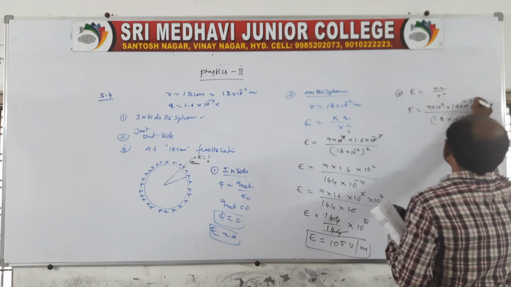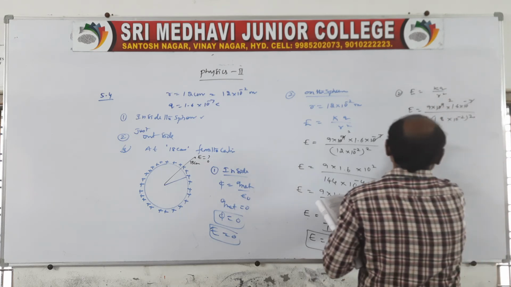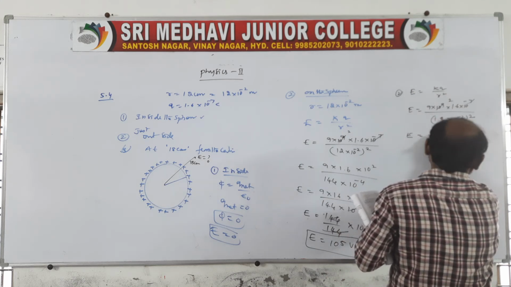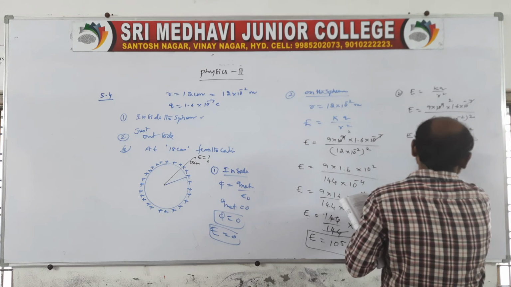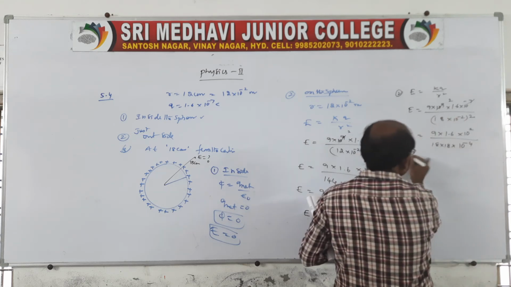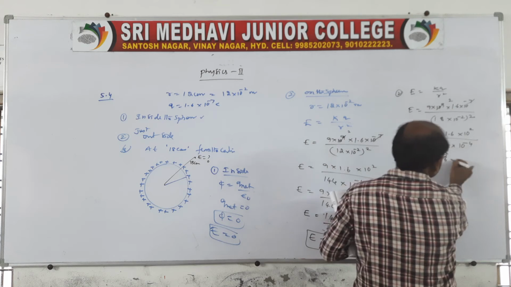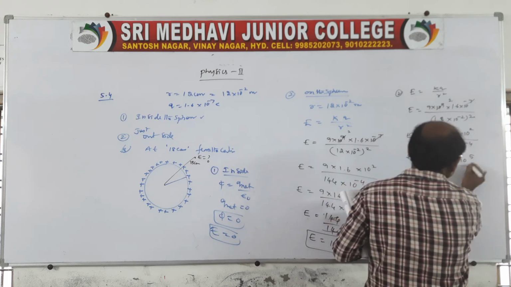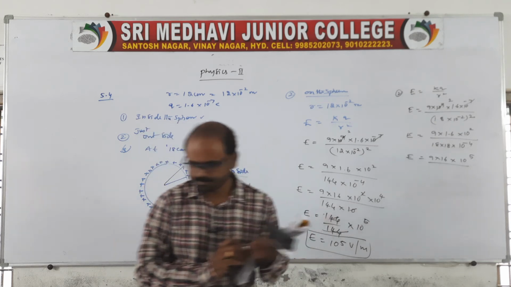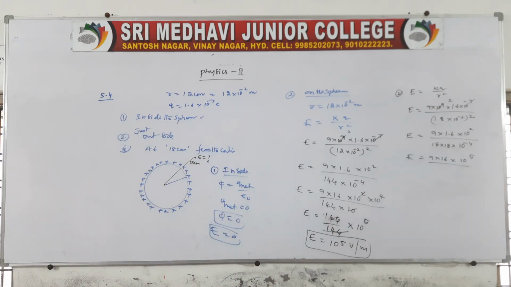So that 10 power 2 is cancelled. Again you take it in the same way, 9 into 1.6 into 10 power 2 by 18 into 18 into 10 power minus 4. So again we'll get 9 into 16 into 10 power 5 by 18 into 18, same situation.